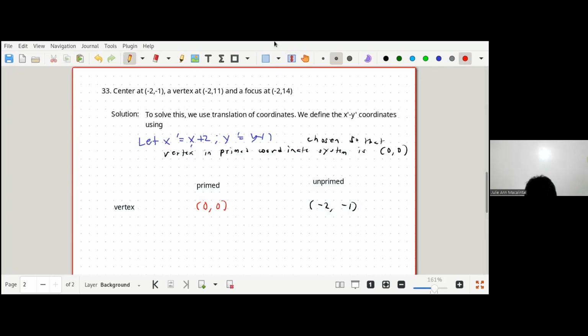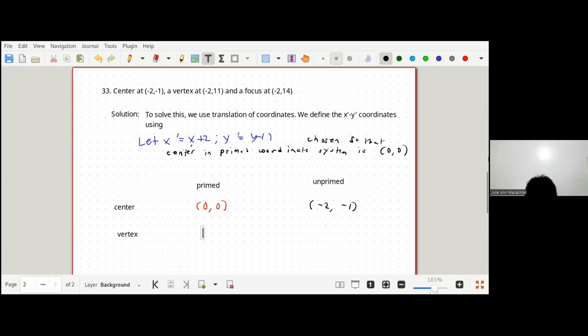And then, the next given is vertex. So that, sorry, not vertex. So that yung center. So, okay, so mali tong ano. So this should be center. And then, yung next, okay, ito yung vertex.